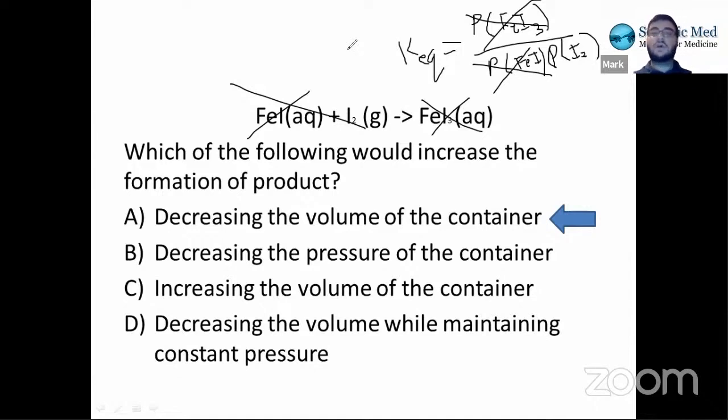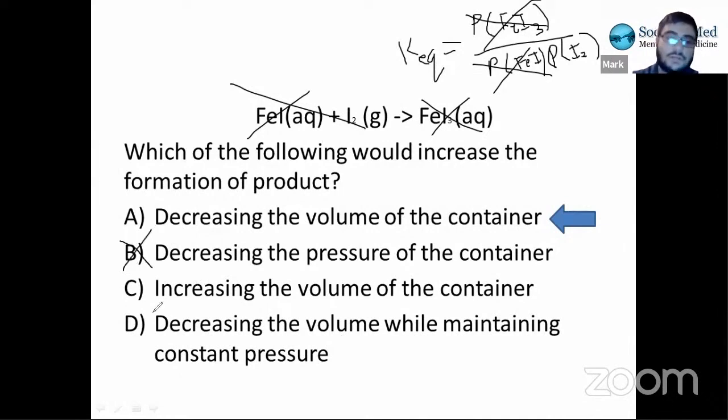So increasing pressure would be essentially the same as adding more I2. It would have the same effect as if you just added more concentration of I2. Decreasing the pressure, obviously not.